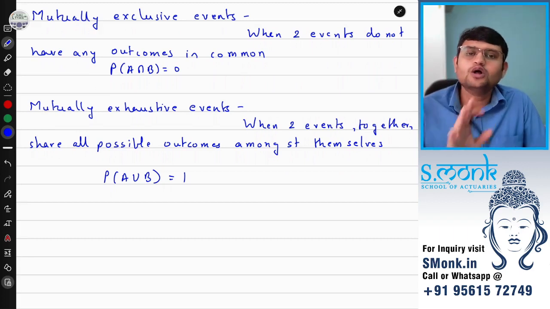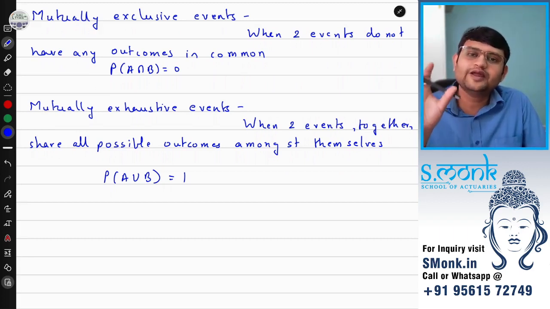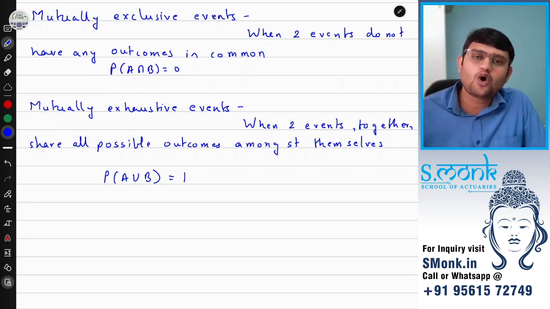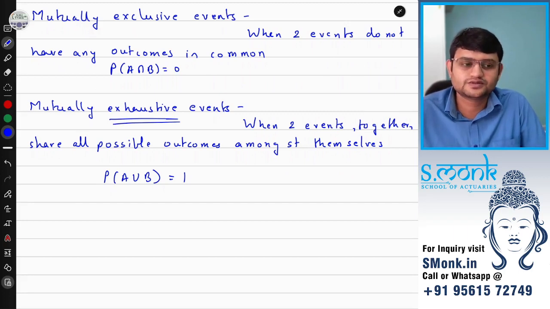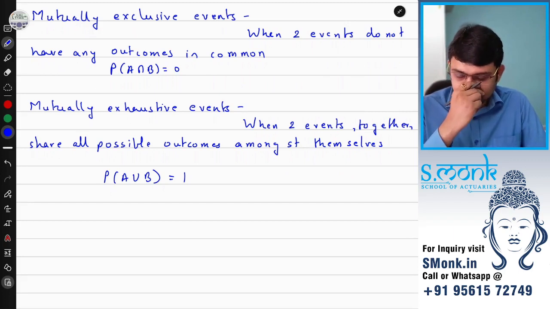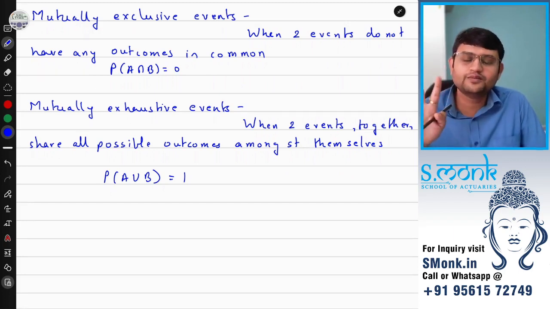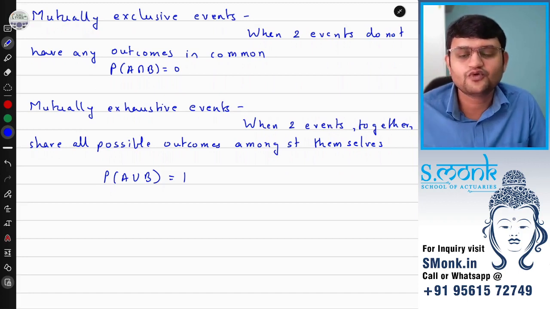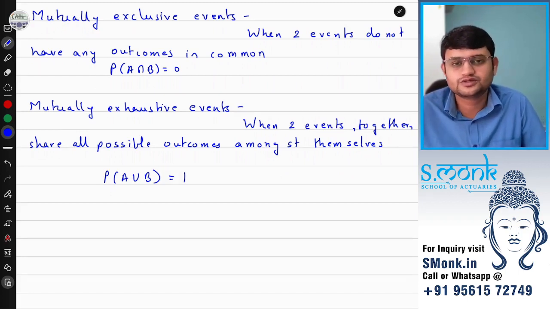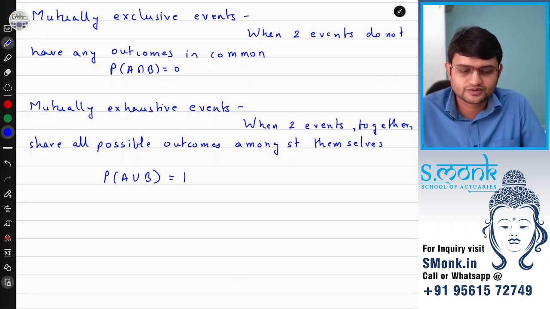Similarly, together all 4 make up the complete deck of 52 cards, so together all 4 are mutually exhaustive events. So the 4 of them are mutually exclusive, and together they make up the whole complete set. That means they are mutually exhaustive. So it's not necessarily that we can have only 2 events, we can have more than 2 events also.